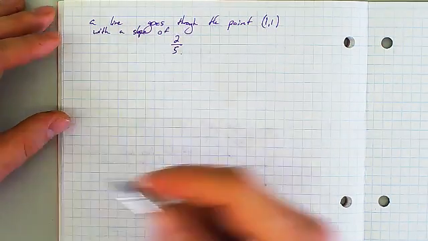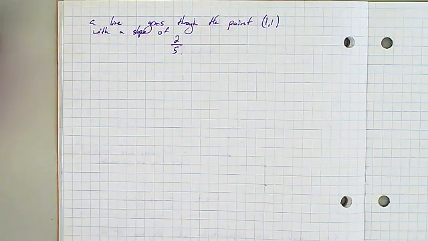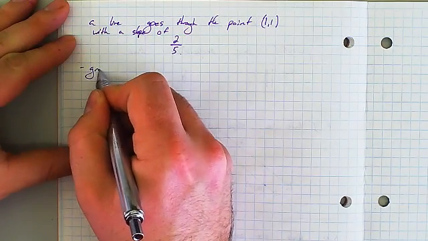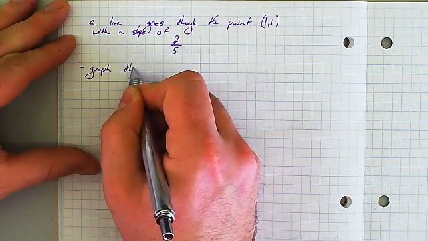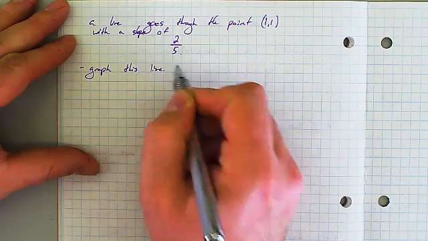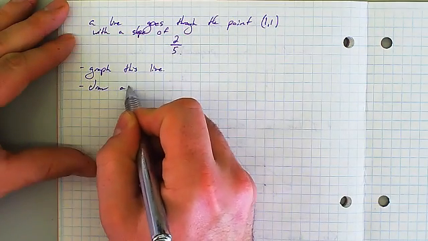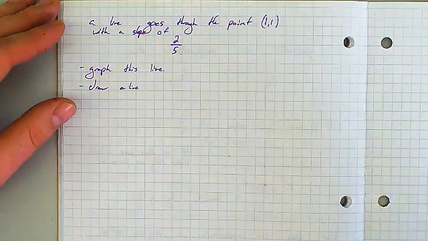I want you to graph this line. I then want you to draw a line that is parallel and an additional line that is perpendicular to it.